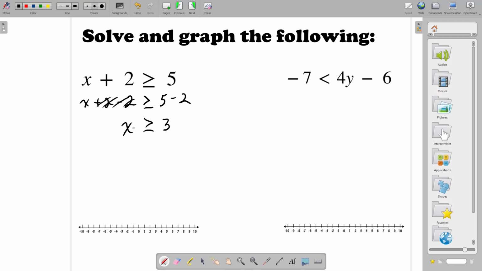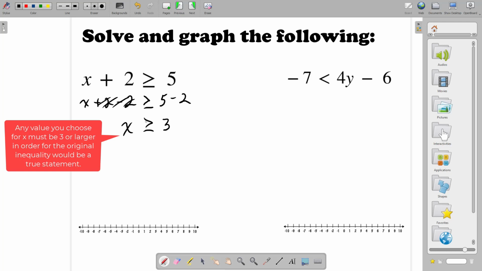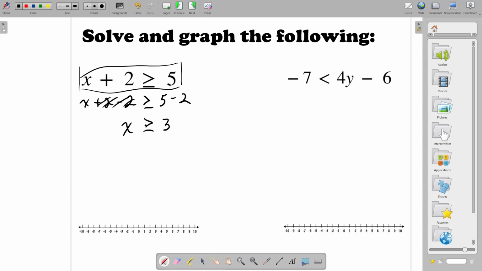So what this is saying is that all of our x values have to be bigger than 3 in order for this statement to be a true statement. If we put something in that's less than 3, our statement up here would not be true.